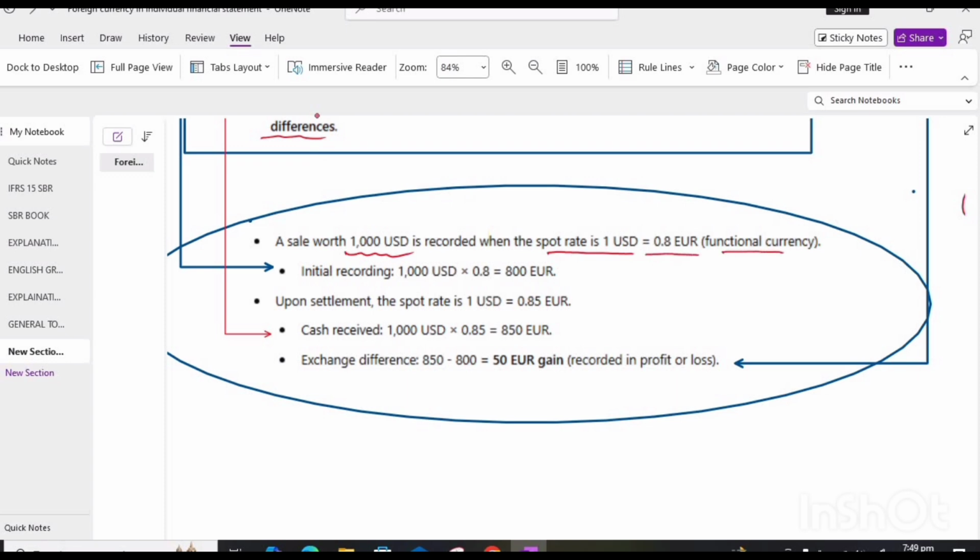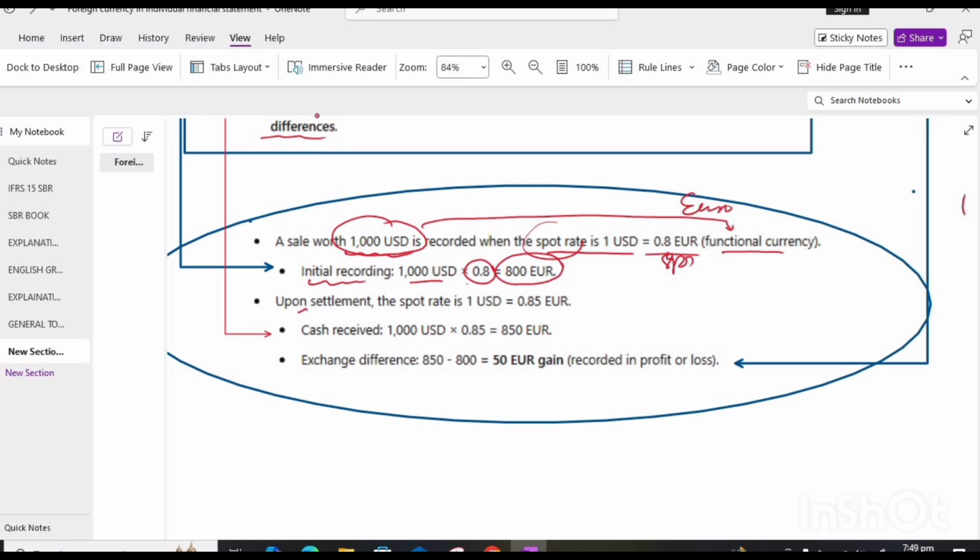This is the functional currency. So you have to translate this dollar sale to your functional currency, and the functional currency is euro. Clear? Initially, this should be translated using the spot rate, that is $1 equals this. This is your spot rate, and this is your initial recognition.